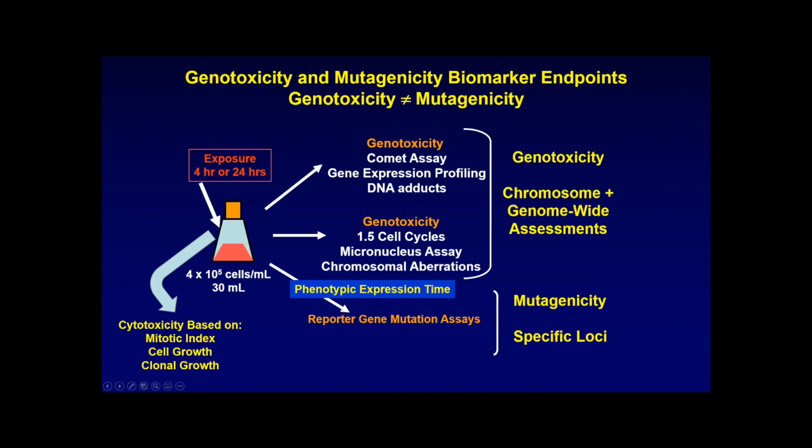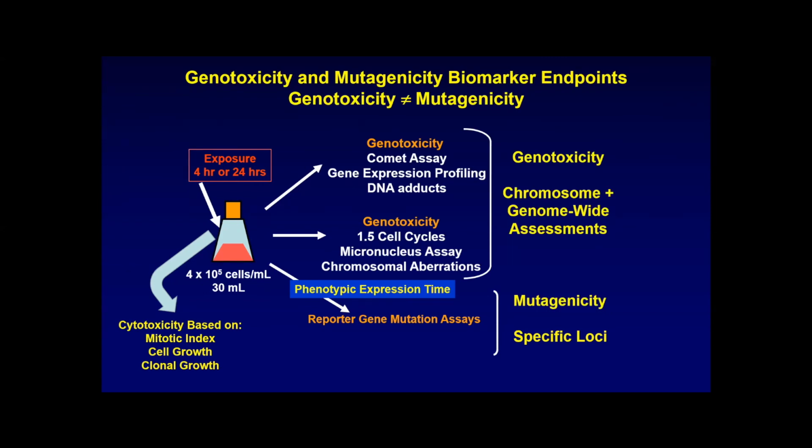So when we do Ames tests or when we do these assays, the cytotoxicity is based on mitotic index, how many cells got to mitosis and made metaphase chromosomes, so we can score them for aberrations. Are the cells growing relative to untreated controls, or clonal growth? Those are the only acceptable measures of cytotoxicity. This is genetics, and you have to show that that material is being passed on from one generation to the next.